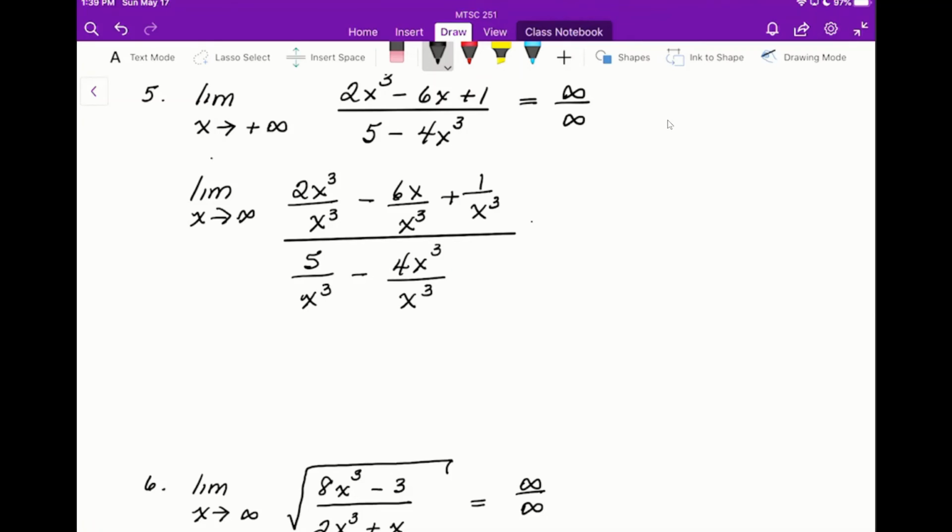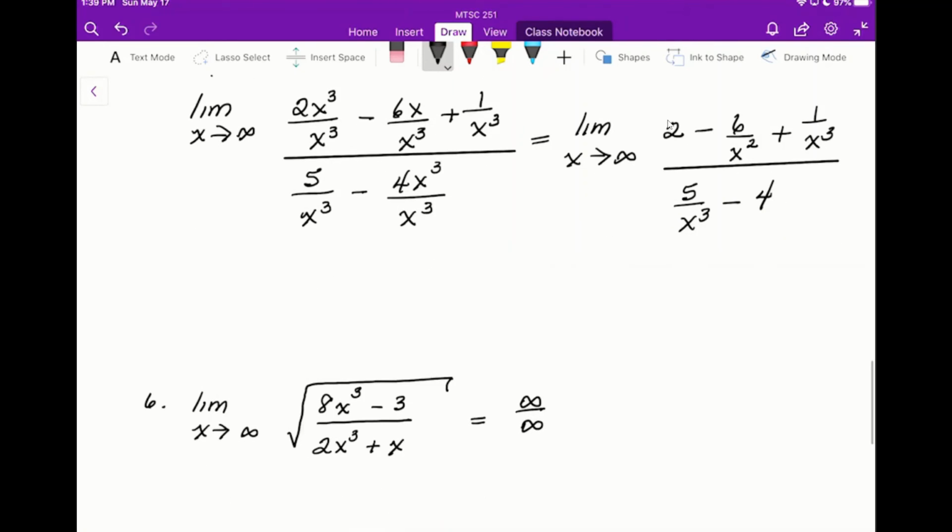So that gives us the limit as x approaches infinity of 2 minus 6 over x squared plus 1 over x cubed, that entire numerator, divided by 5 over x cubed minus 4.